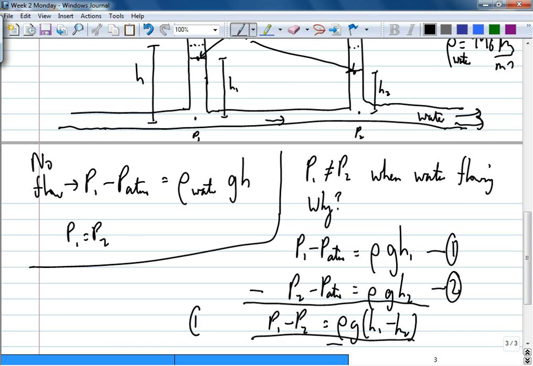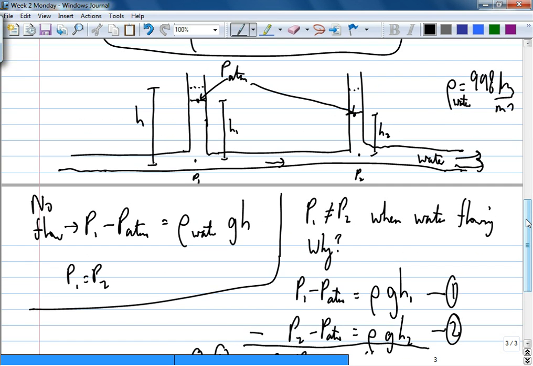I take equation 1 minus equation 2, and you get this. So with this, we are able to measure the pressure, or at least the difference in pressure, in this pipe. We don't know what's happening in the pipe, so we don't analyze down this way.